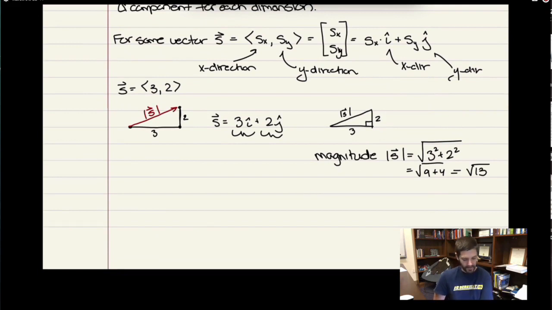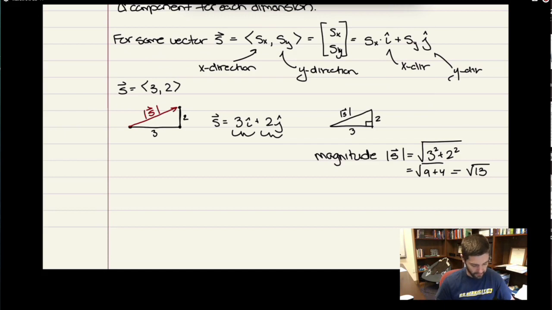So the length of this vector is equal to the square root of 13, so 3 point something. Hopefully you are not completely averse to the Pythagorean theorem, because we're going to be seeing a lot of it. Right triangles pop up a lot in this class particularly, and in physics in general.